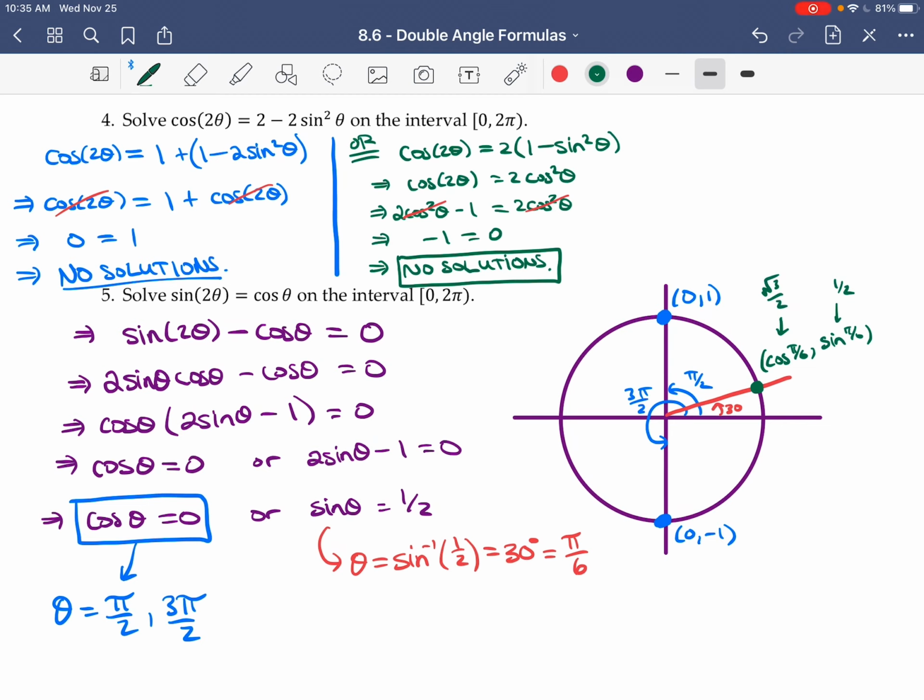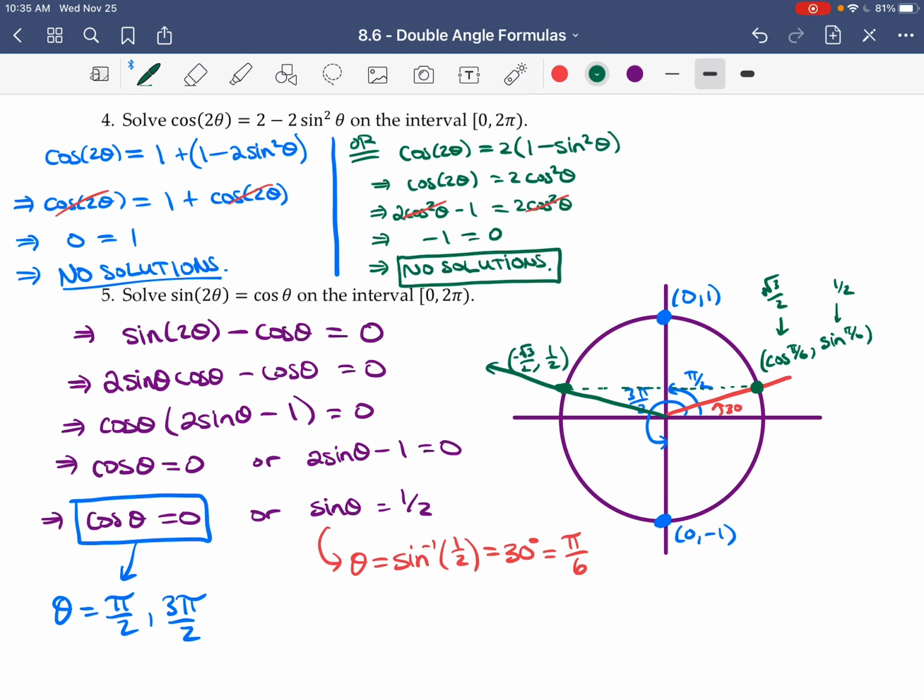So what we want is we want to find the other one with a sine value of 1/2, so that means it's going to have the same y value. So then it's going to be over here. Okay, so this is going to have the same y value of 1/2. The x value is going to be the same but negative.